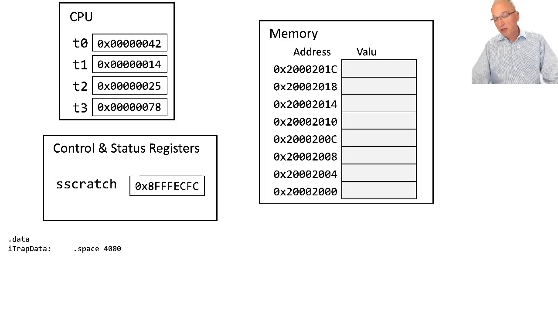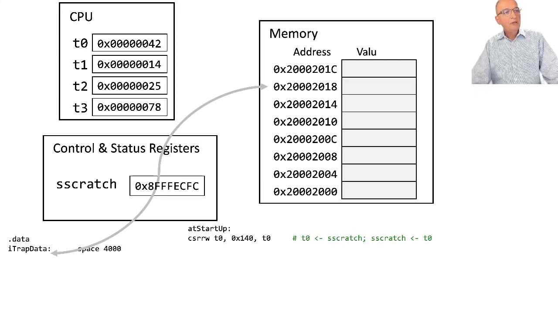It's called iTrap data because the exception handler is also called the trap handler. And let's say that the address of that space is the address that I'm showing on the screen.